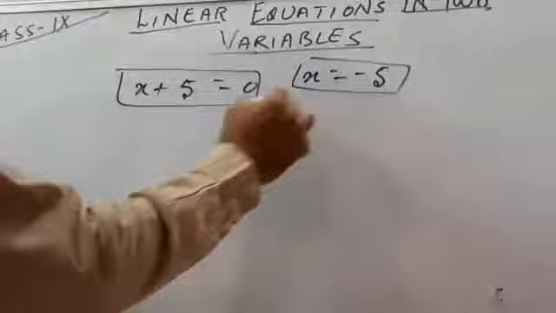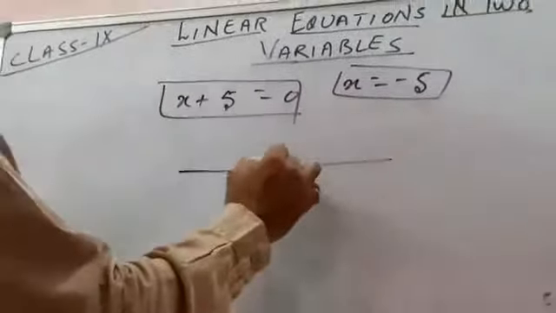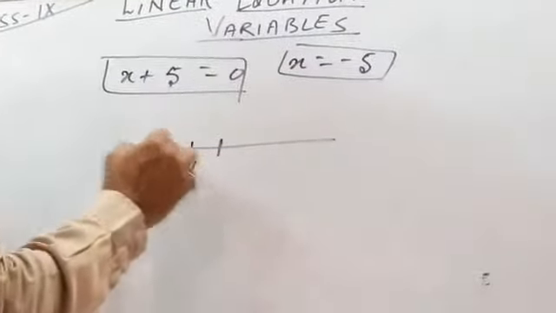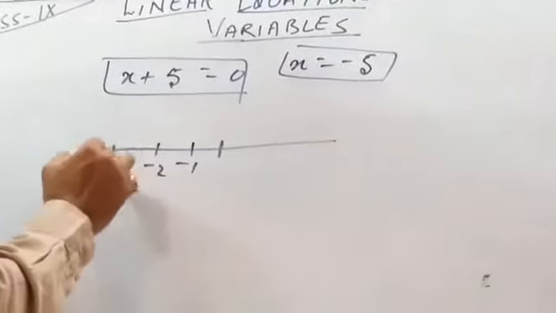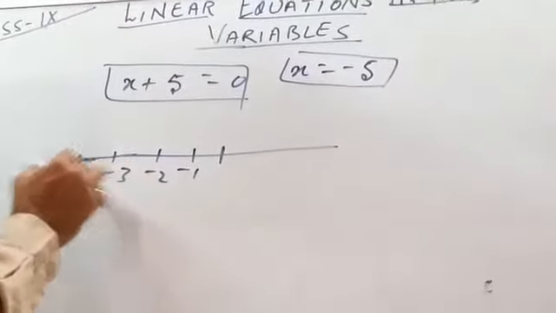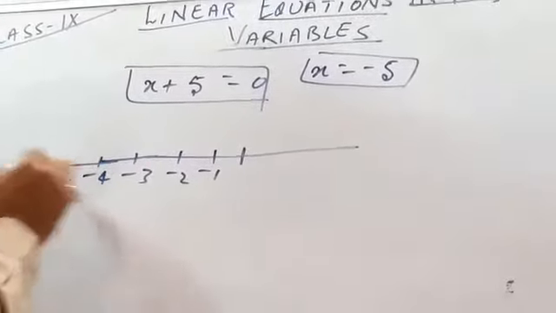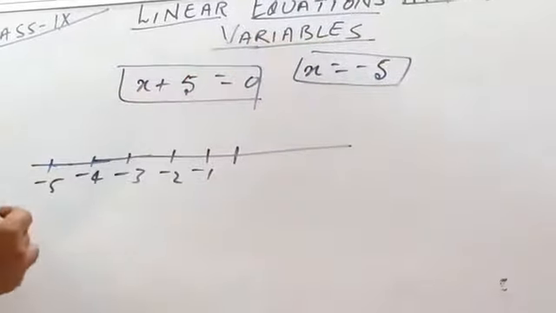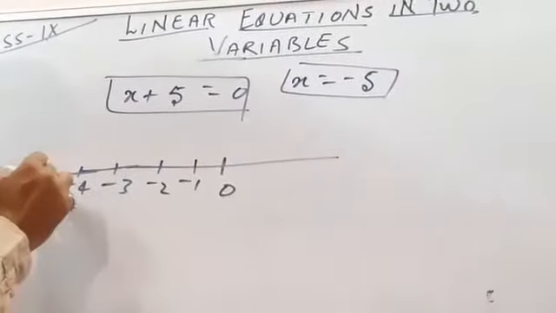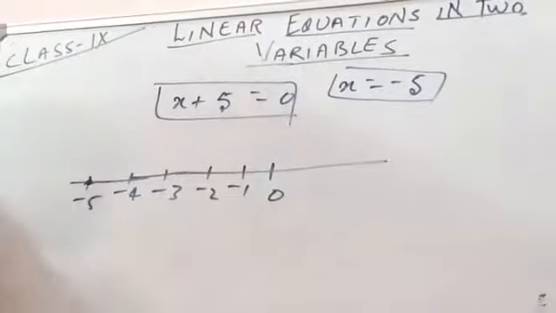When you show this on a number line, here is minus 1, minus 2, minus 3, minus 4, and this is minus 5. When minus 5 is represented on the number line, it is represented by a point.